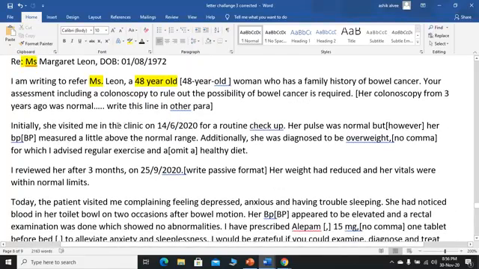Initially, she visited me in the clinic for a routine checkup. Her pulse was normal, but the word but is informal. You use however. However, her BP, not small b, it is large B and large P. Okay. Her BP was measured a little above the normal range. Additionally, she was diagnosed to be overweight, for which no comma should be given here.